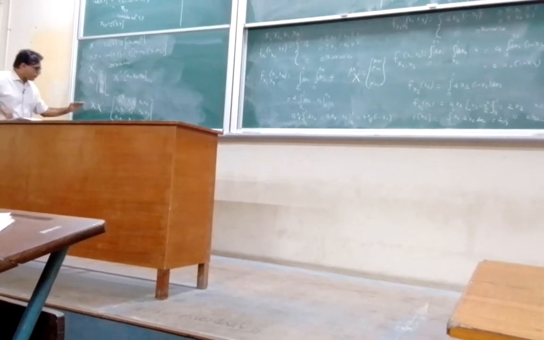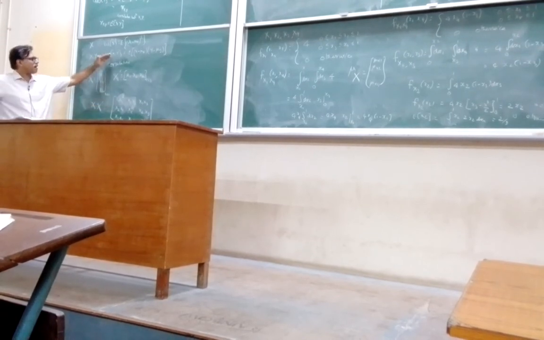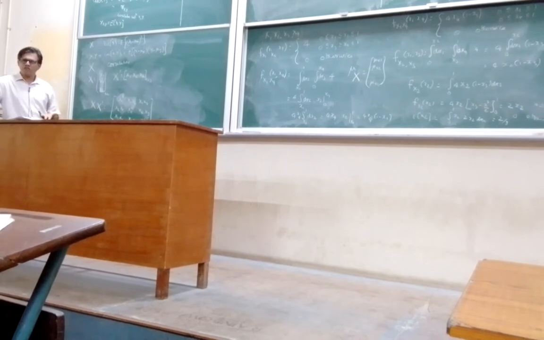Now, if you take an expectation of this, what happens? For that, first of all, we have to define what we mean by expectation of a random matrix. From a random vector we have gone to a random matrix. The straightforward definition is element-wise expectation.